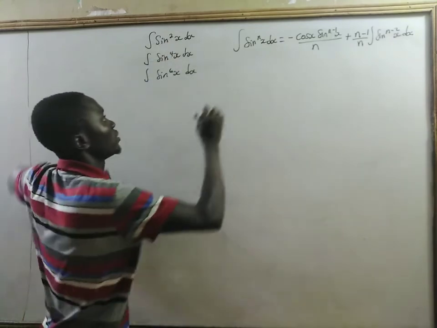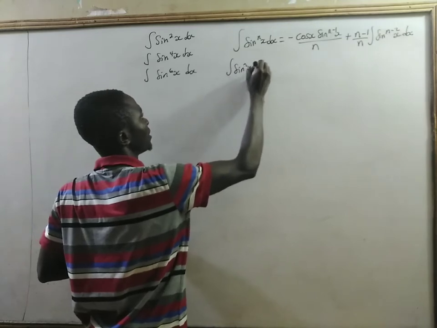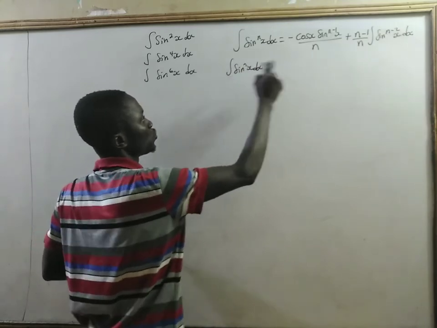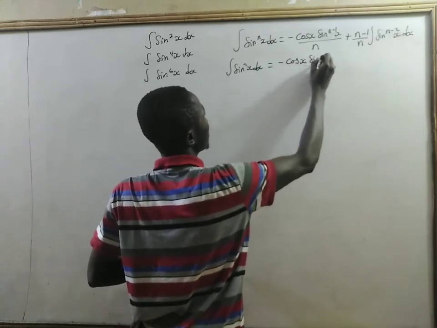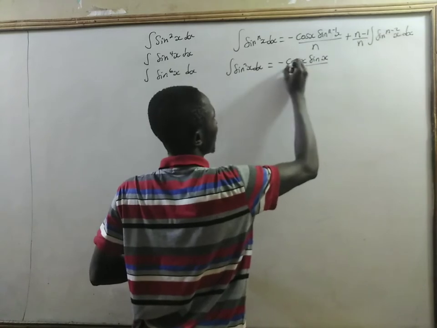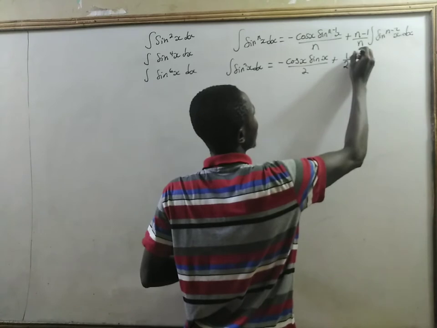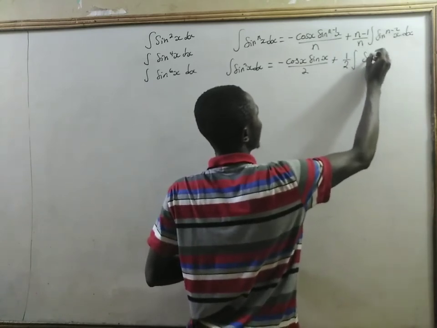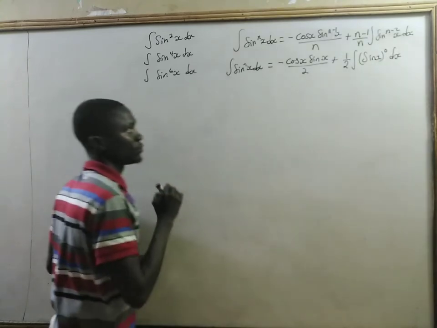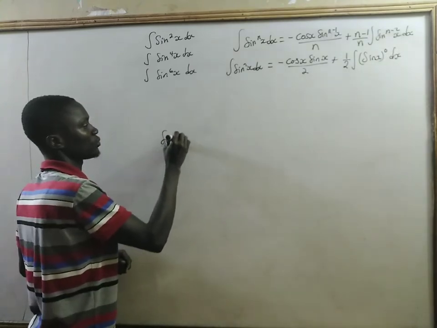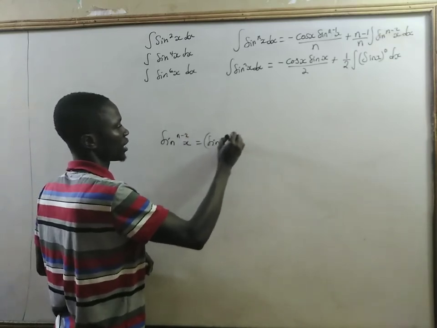So let's do it simply. Here we have the integral of sin²x dx. Using n equal to 2, we have minus cosine of x sine of x divided by 2, plus 1 divided by 2 times the integral of sine of x to the power 0 dx. Remember that sine to the power n minus 2 of x is sine of x all to the power n minus 2.